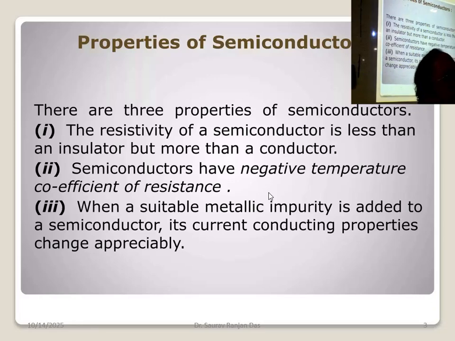By using this metal excess defect, we can use that as a conducting material. Semiconductor, but with doping, the semiconductor behavior can be enhanced towards conductivity. Okay. Why do we need semiconductor? Sometimes we want that current should flow, and when we don't need, current should not flow. That property we need.